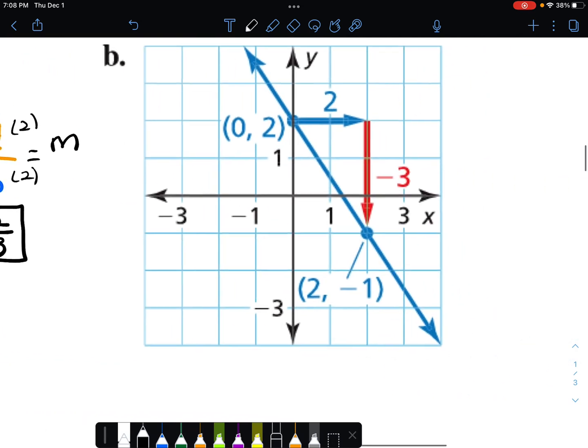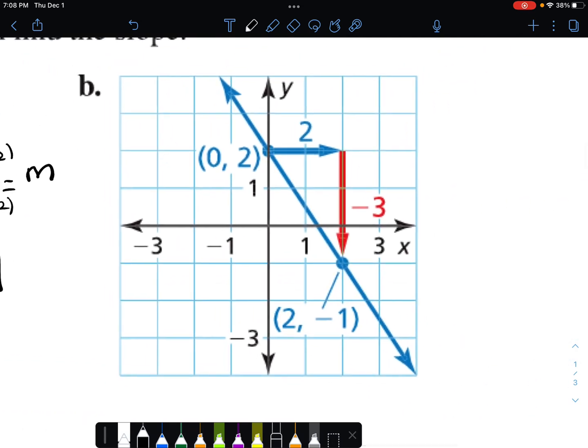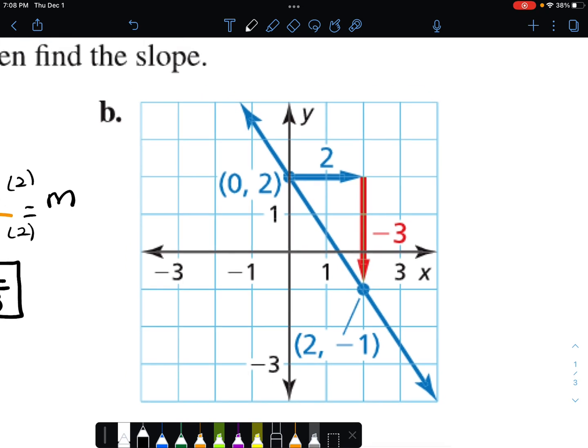Let's try B. So with B, you see the distance is on the right-hand side for the y. Notice how this time we're going down.